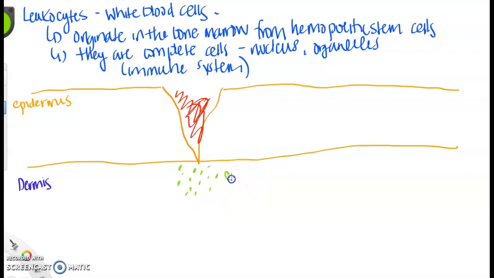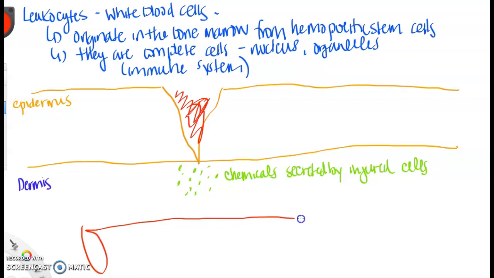So these are chemicals secreted by injured cells to basically put up the white flag, to basically signal, oh my gosh, we're hurt over here, we need some help. Okay, so if we've got a blood supply down here, we've got some capillaries.